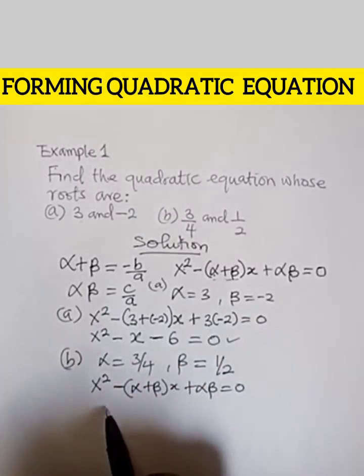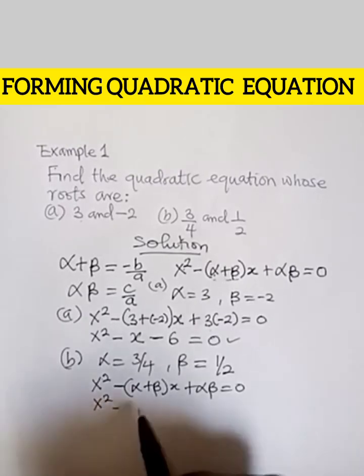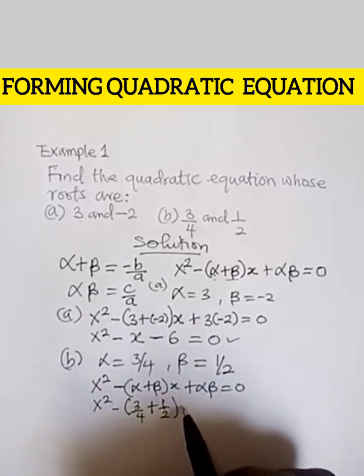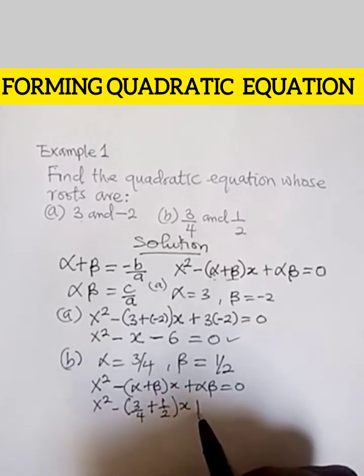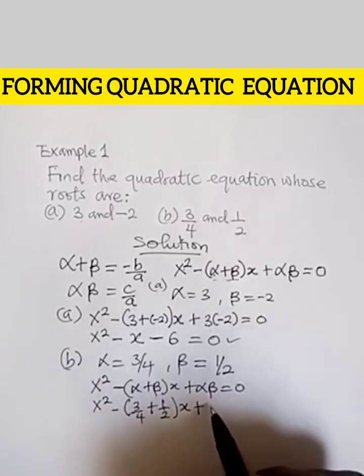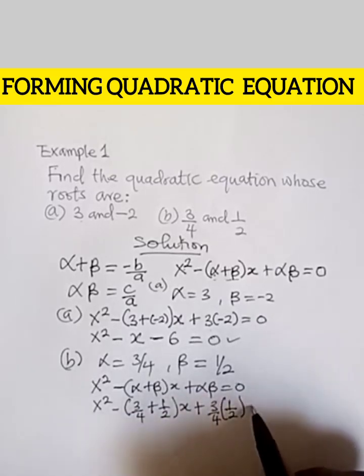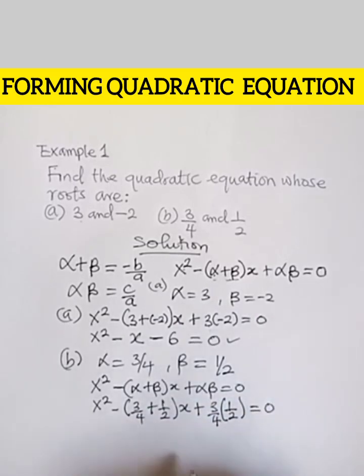By substitution we are going to have x squared minus (alpha is 3 over 4 plus beta is 1 over 2), and I keep my variable x here, plus alpha beta, alpha is 3 over 4, multiplied by, you can open a bracket, beta 1 over 2, equal to 0.